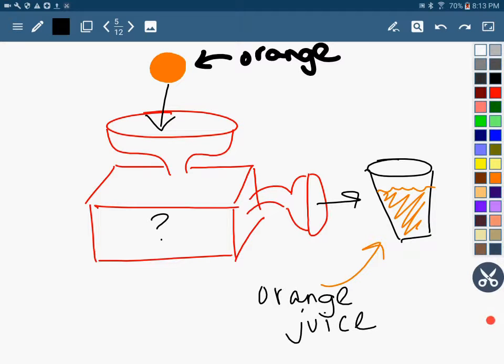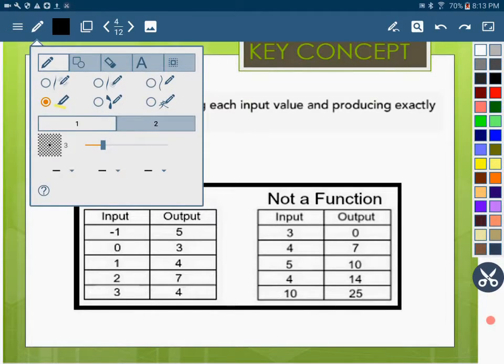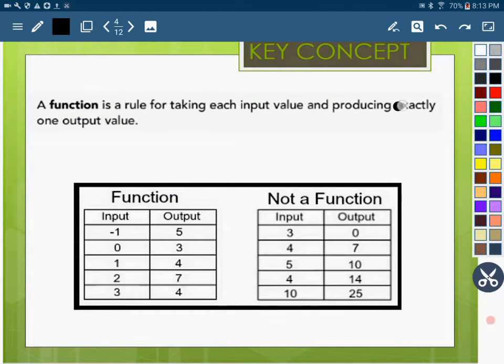Okay, we're going to use functions in a mathematic term where we input numbers and other numbers are their outputs. So let's take a look at this table. This is a function rule for taking each input value and producing exactly one output value. I want everybody to highlight that, point to it. It is the most important thing to write. Don't cross it out like that.